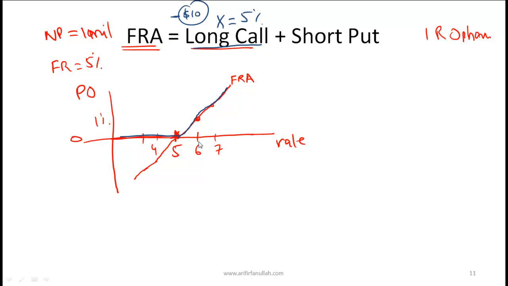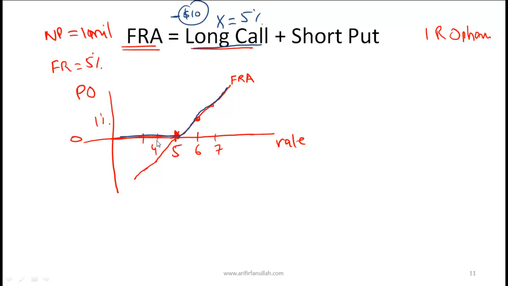So if the interest rate in the market is 6%, we have a benefit of 1% because we still have the right to borrow money at 5%. So the benefit is 1%. If the interest rate in the market is 7%, then our benefit is 2% because we will exercise the right to borrow money at 5%.